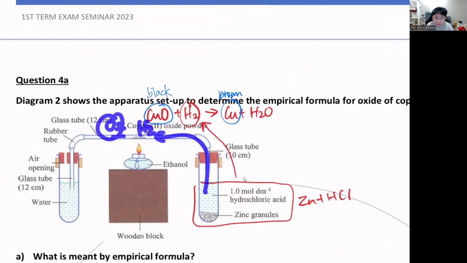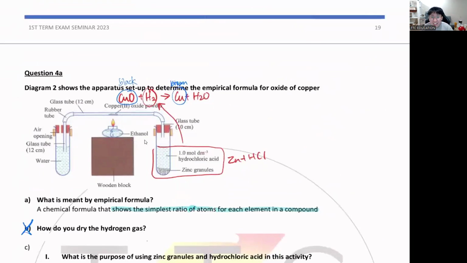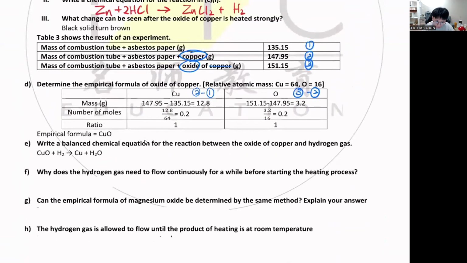So the O2 and the H2, if you heat at this moment, you will get explosion. So you let it flow for 5 minutes to let the H2 push out the existing air. So we can say that to remove all the air in the glass tube.